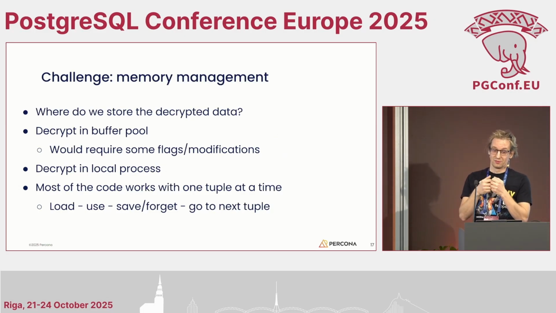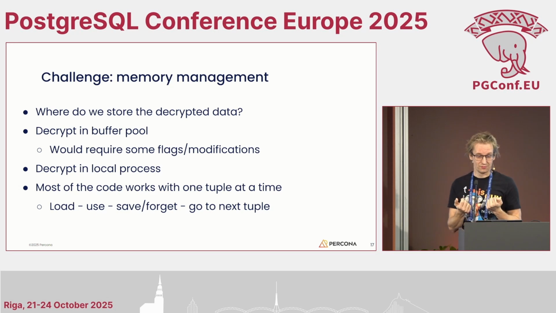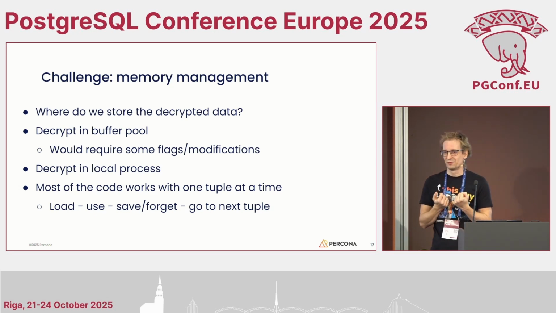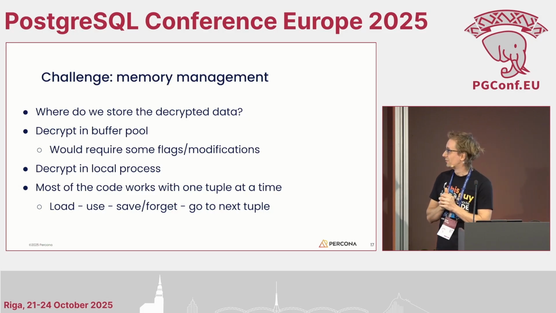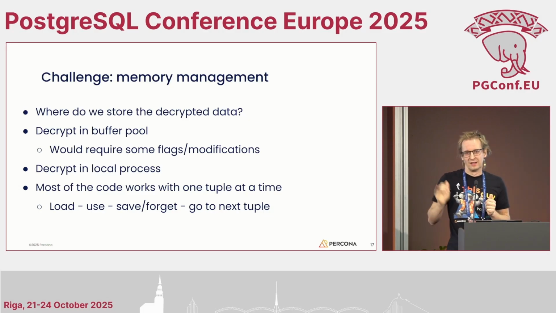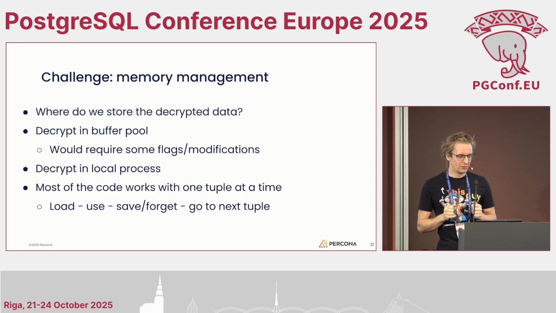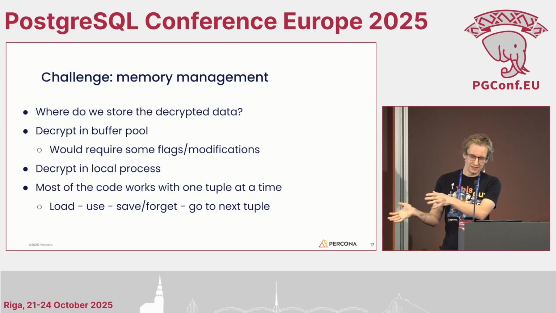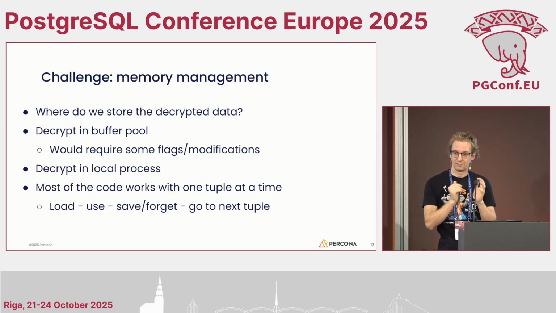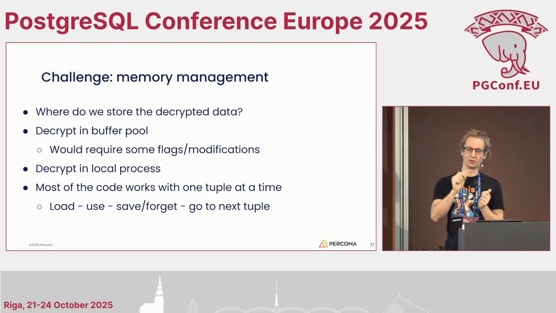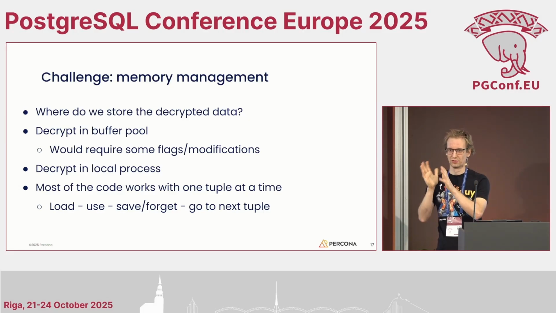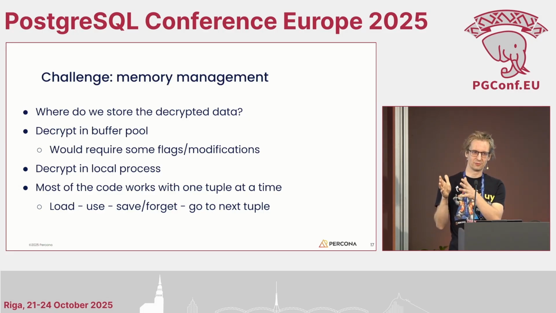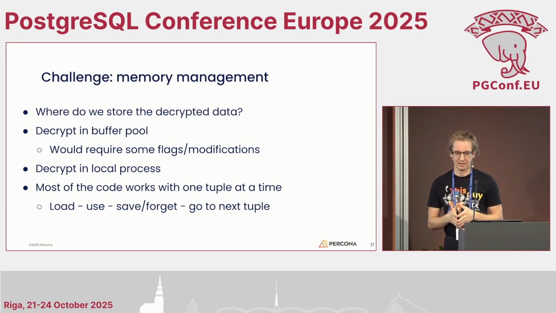Of course, this caused some memory management questions, because we had to decide where to store this decrypted data. As I already mentioned, we decided not to decrypt in the buffer pool, because that would have been one solution: we read the pages from the disk into the buffer pool, and every time we have to access a database row, we decrypt that row, and then the buffer pool would store that row in a decrypted form, but everything else would stay in an encrypted form.